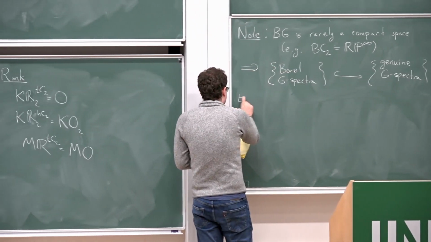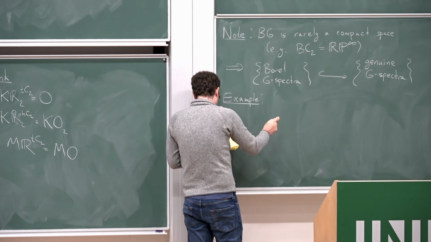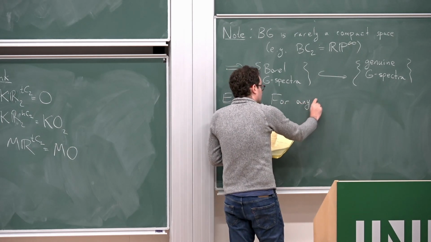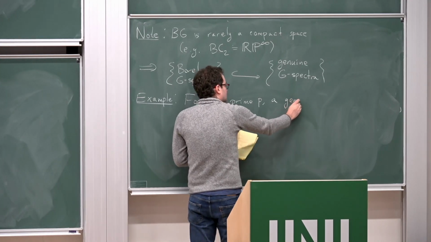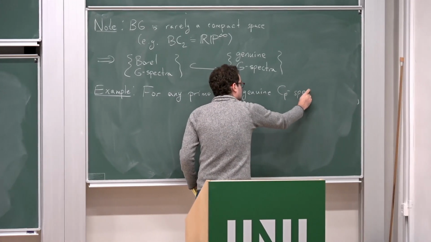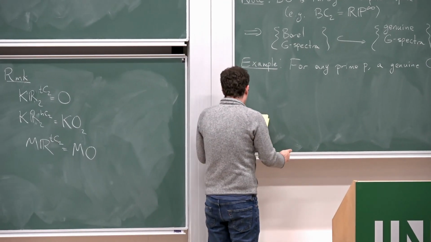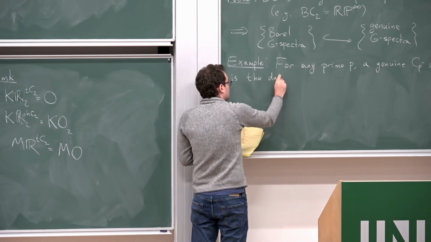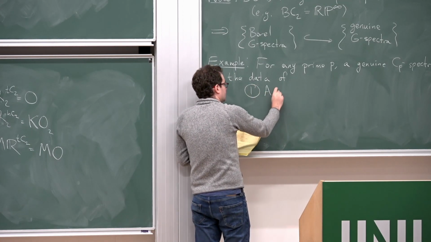But maybe let's just see what that looks like in the most basic and most prevalent example. So for any prime p, a genuine C_p spectrum, where we're looking at the cyclic group of order p, a very simple group, is the data of: well, you have an underlying Borel C_p spectrum.